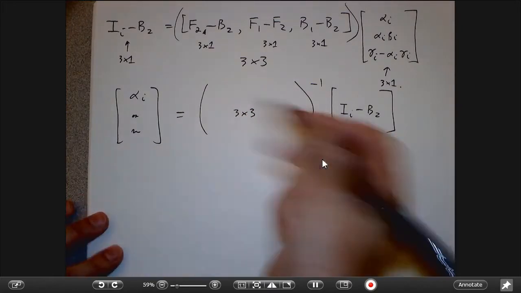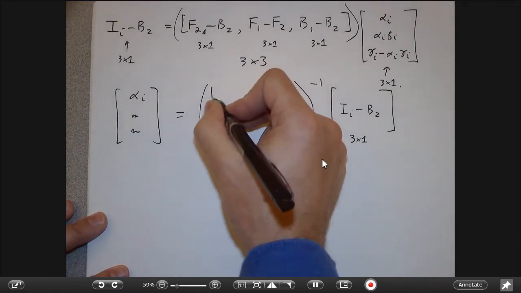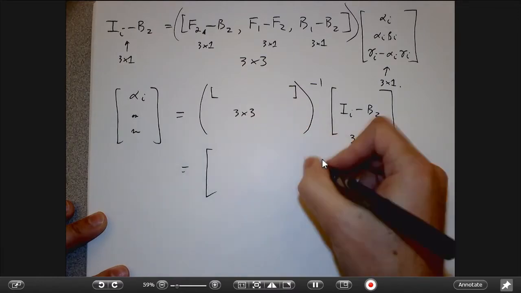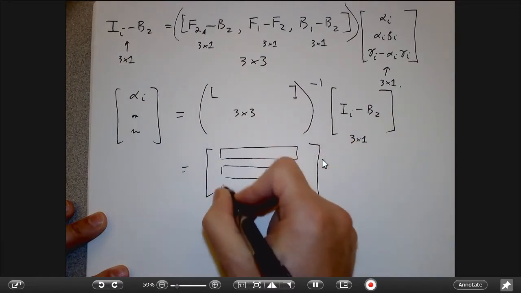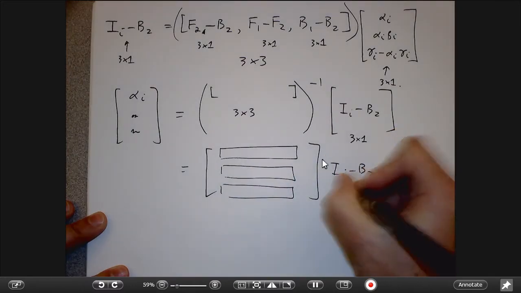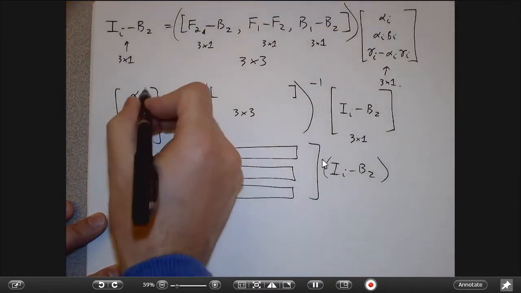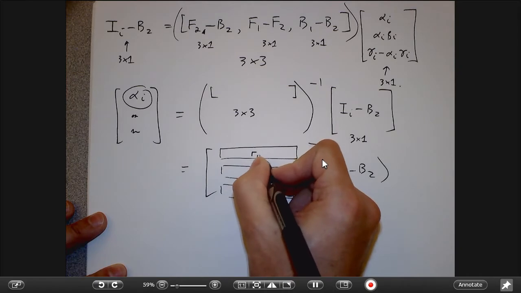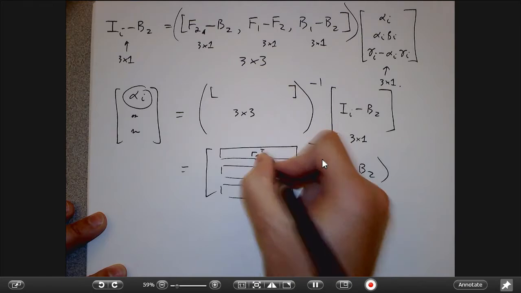And so what does that mean? That's like saying that if I just look at the top row of this matrix, how do I do matrix vector multiplication? I have something like this. The way I get alpha I is by multiplying this vector, let's call it R1 transpose, times this.